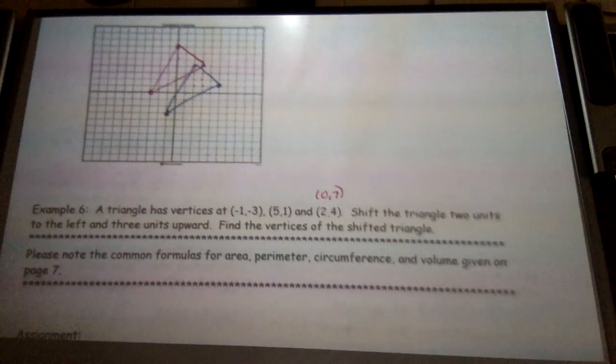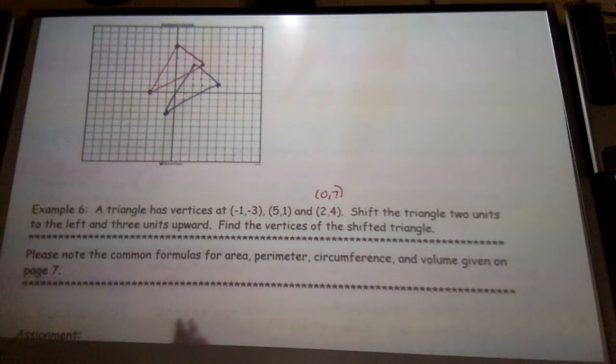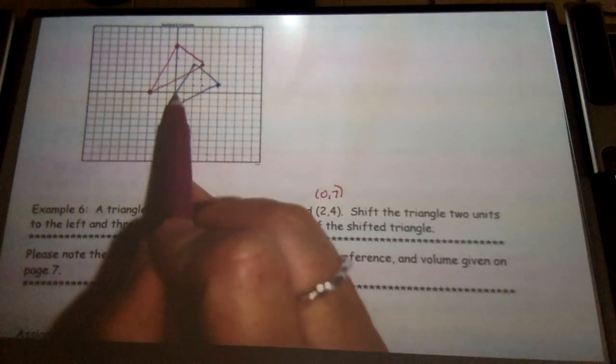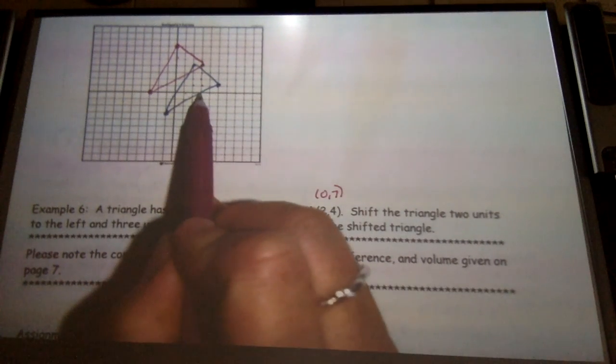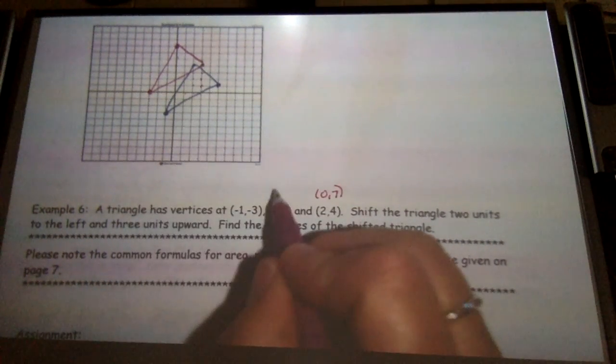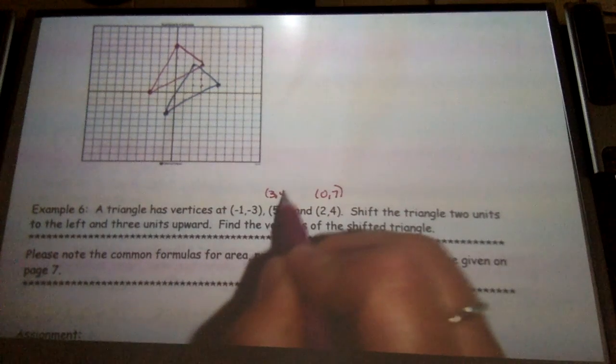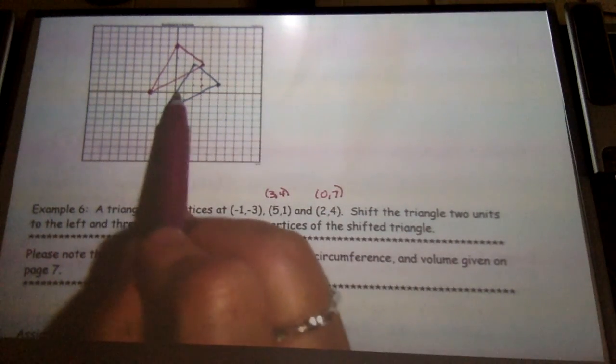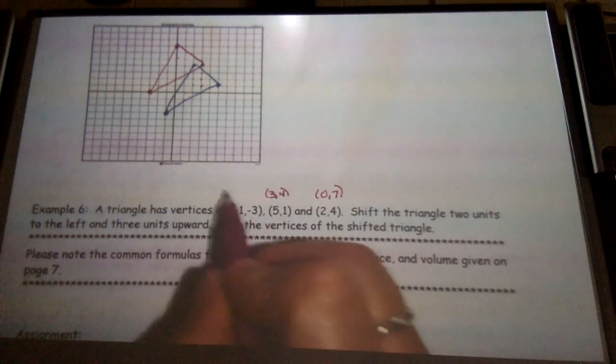So this one became 0, 7. This one became 3, 4. And this one, -3, 0.